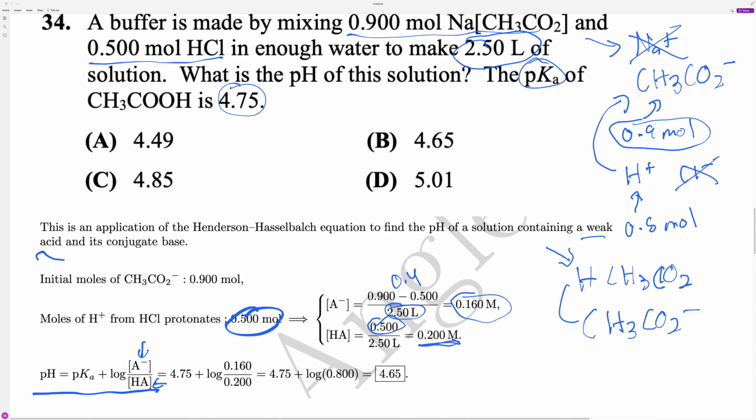That's just this. I wrote it in a slightly different format. But yeah, that's going to be 4.75. So we have all the values we need to do this computation now. We plug in our pKa and our values for the concentration, and then we get this value for the pH of the solution, 4.65. And that's, in fact, going to be our answer.